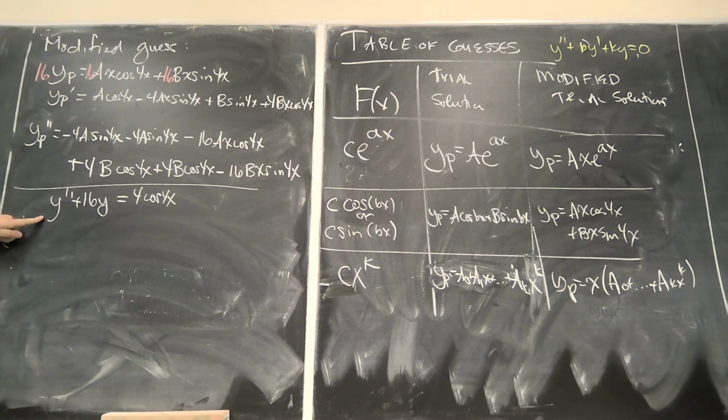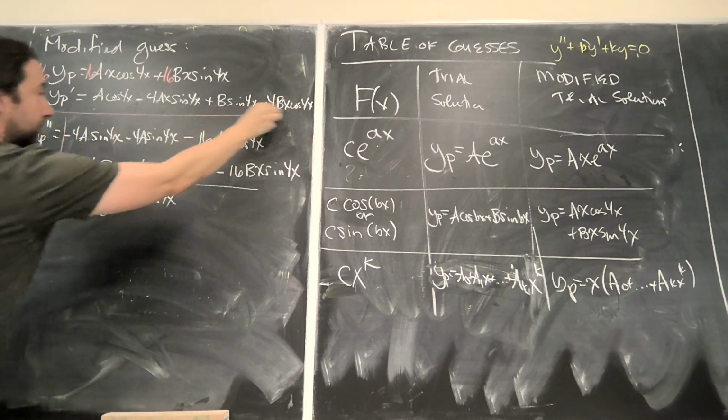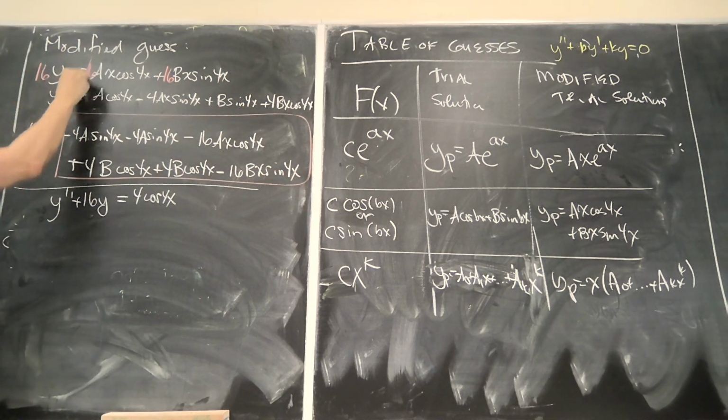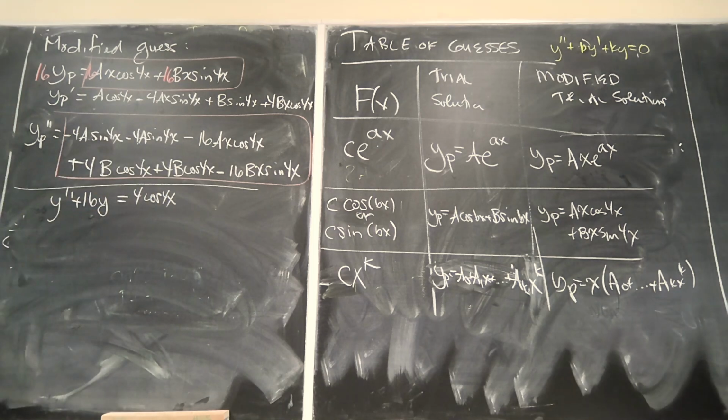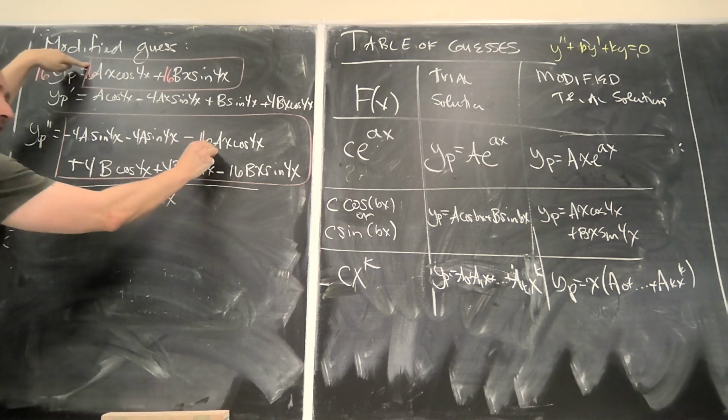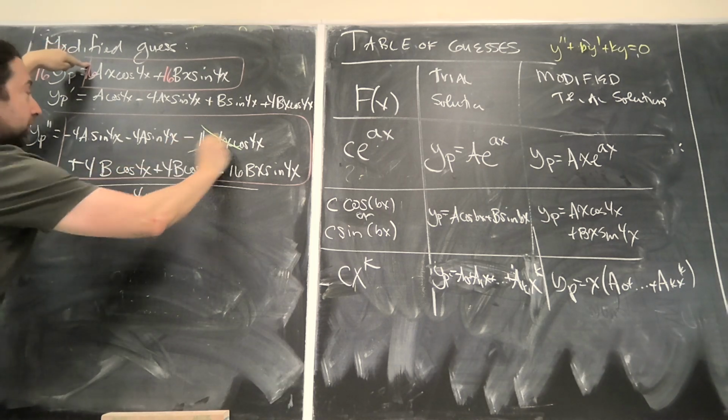Okay, now what happens if I add? Things do cancel out. The whole point of this is when I start adding the second derivative to 16 times the first, lots of stuff here should cancel. If I add this line to this one, I will be adding y double prime to 16y, and what survives? Well, there's a 16ax cosine of 4x and a minus 16ax cosine of 4x. That term and this term are gone.